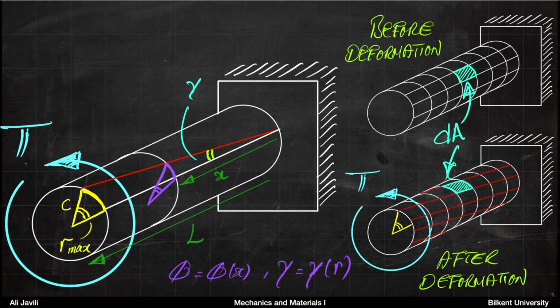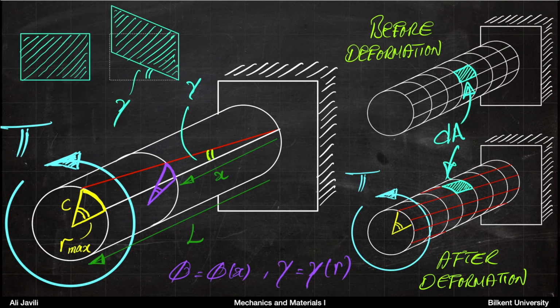For instance, if you look at this angle, it doesn't matter at which x you are looking at, it's the same angle. So it's not a function of x, but you can also imagine that at the center, this angle would have been 0.